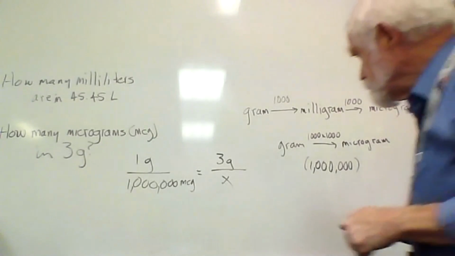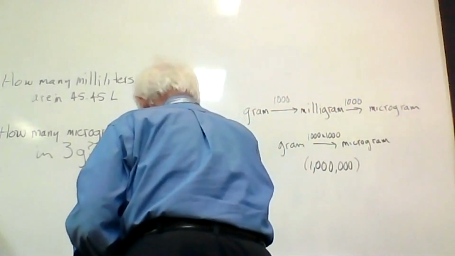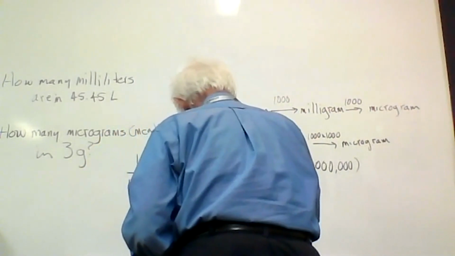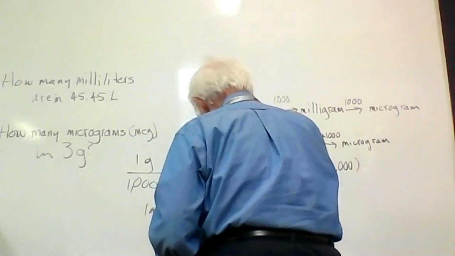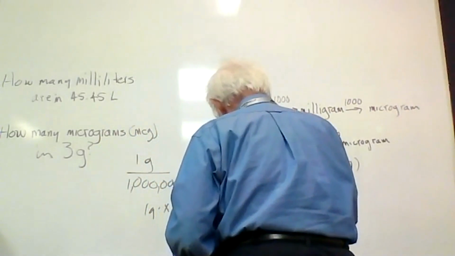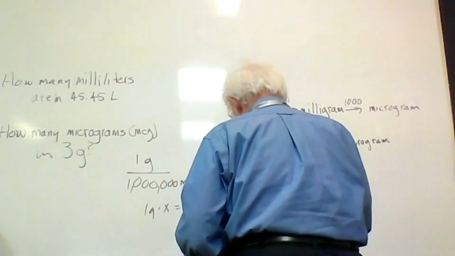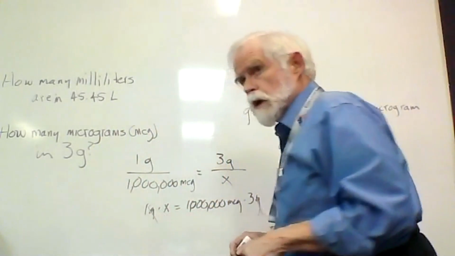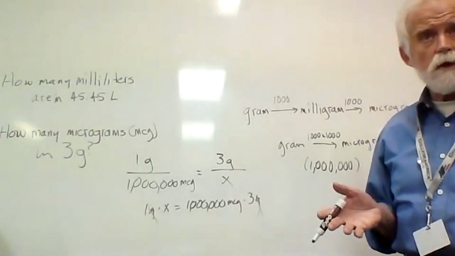Cross multiply, we've got 1 gram times X equals 1 million micrograms times 3 grams. So we get rid of the gram by dividing it out of each side.